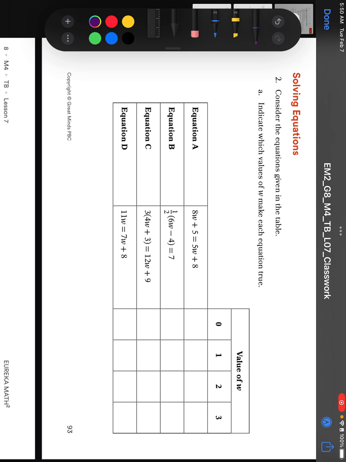So starting with equation A, and you can use page 93 or a scrap piece of paper to do this work, or excuse me, page 92, there's some blank space, or a scrap piece of paper. So into equation A, instead of writing W, I'm going to write 0.